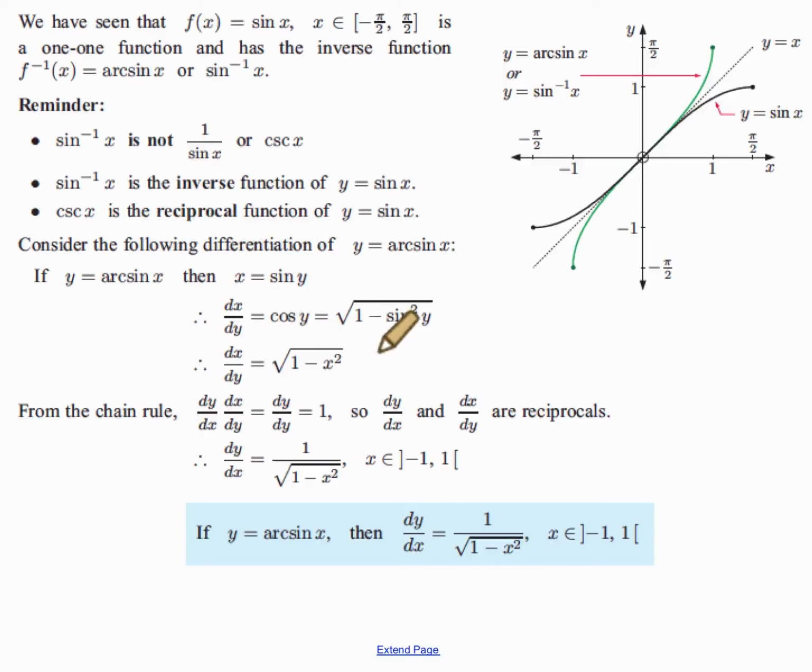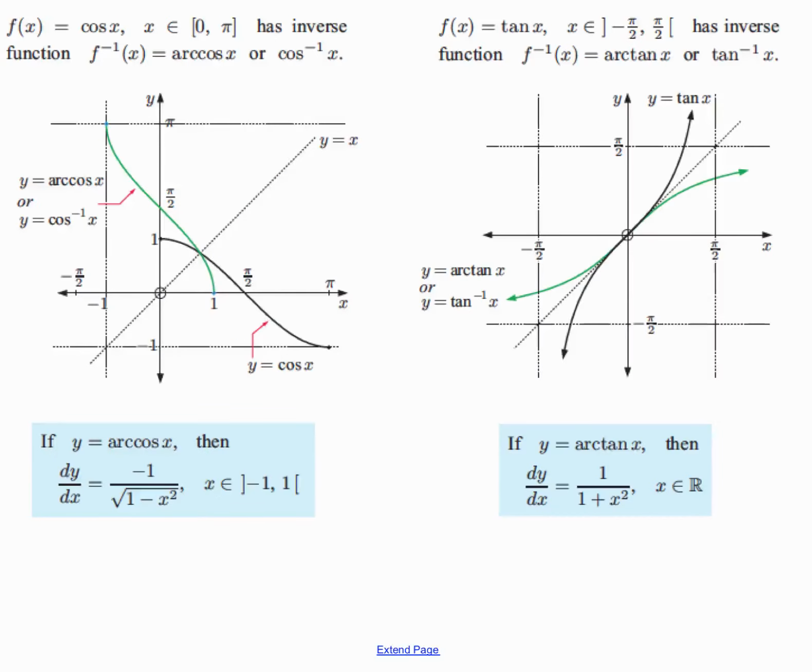And then using the chain rule, we get dy/dx equals 1 over the square root of 1 minus x squared. So this is just a proof of the derivative of arc sine x being 1 over the square root of 1 minus x squared on the domain of arc sine. Similarly, we can find the derivatives of arc cosine and arc tan.